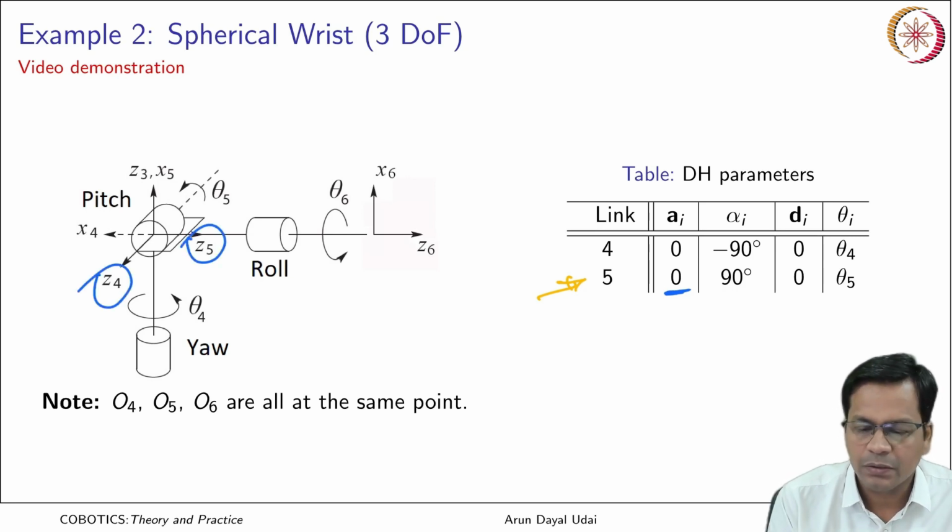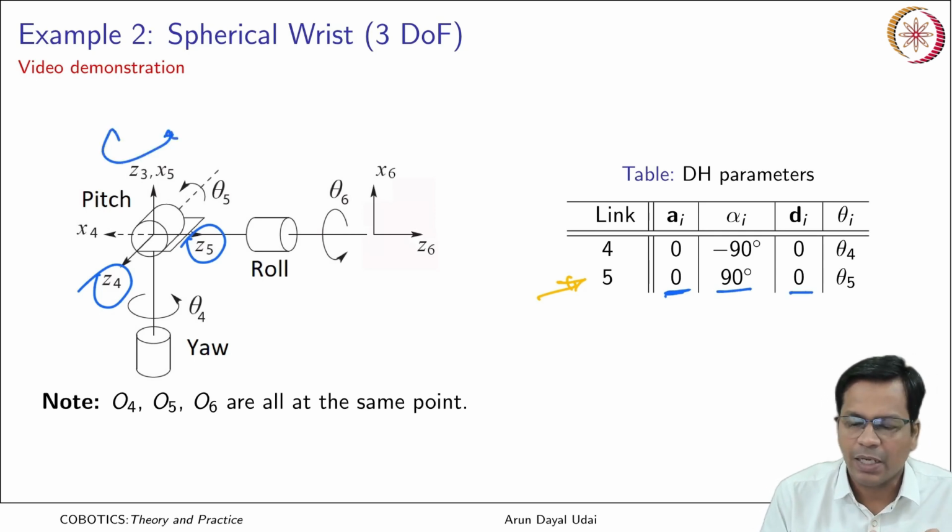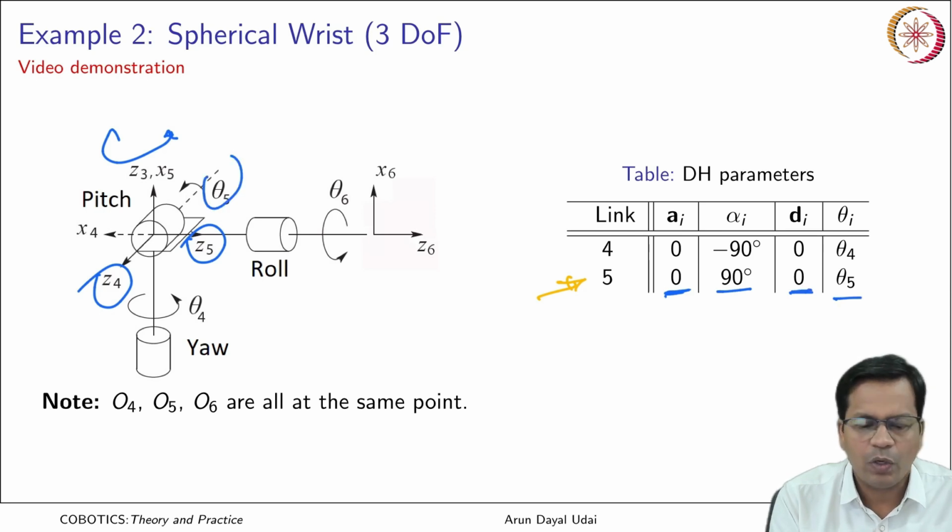Coming from Z4 to Z5, it is plus 90 degrees, measured along this. Again there is no distance traveled along the z axis here, so the offset D5 is 0, and theta 5 is the joint variable here.